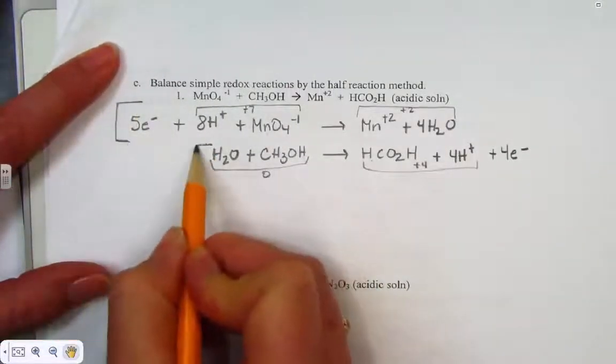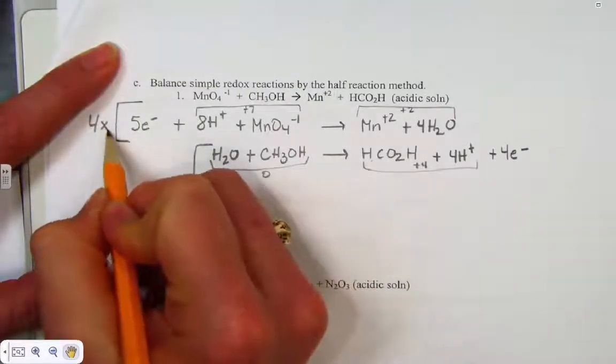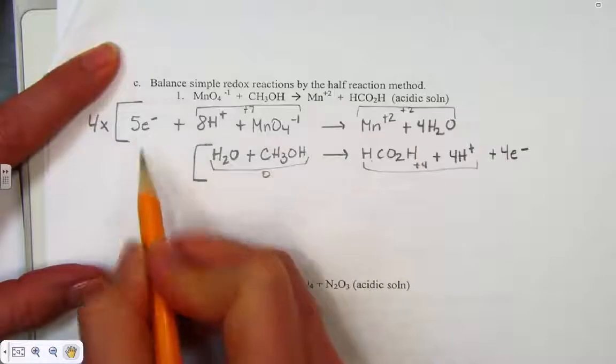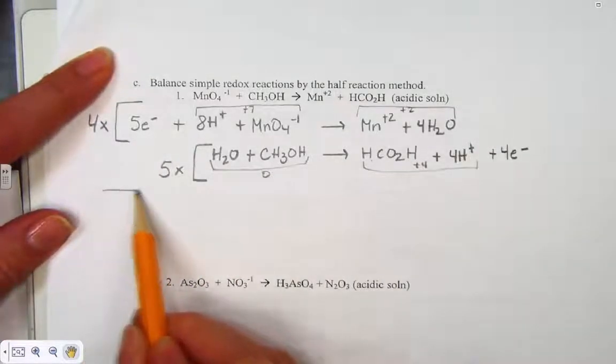We'll distribute through to the first half reaction. I'll distribute a 4, making the total of 20 electrons, and distribute a 5 through the second half reaction.